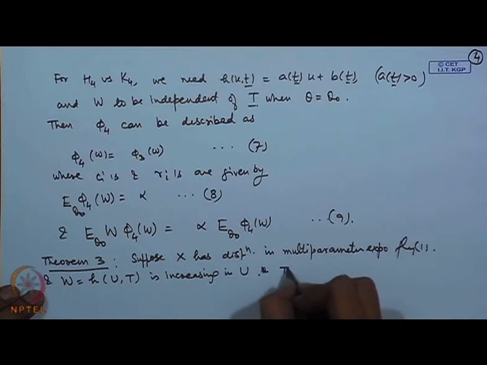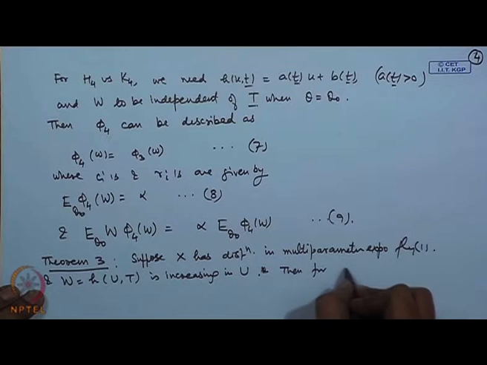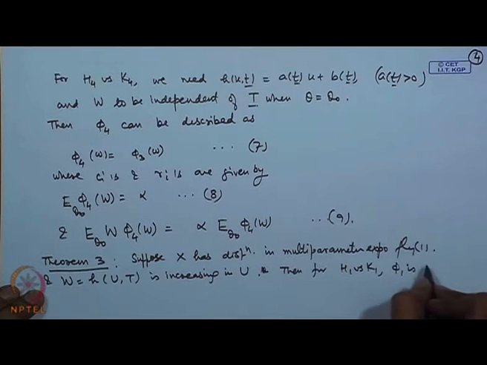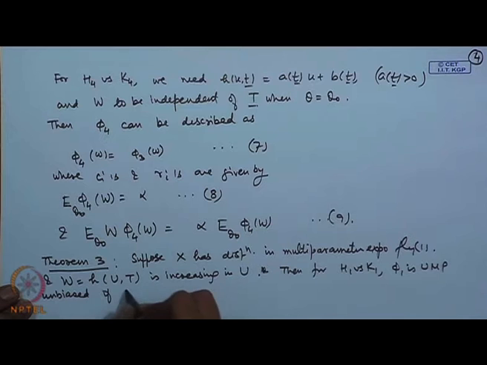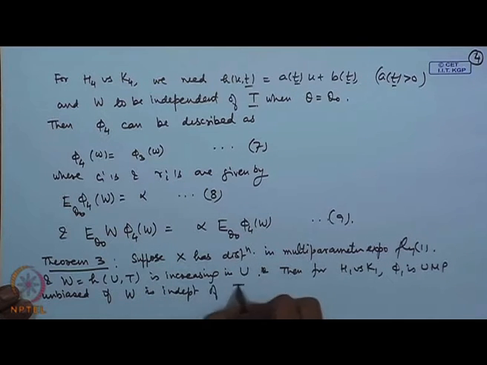Then for H1 versus K1, phi 1 is UMP unbiased if W is independent of t when theta is equal to theta naught.